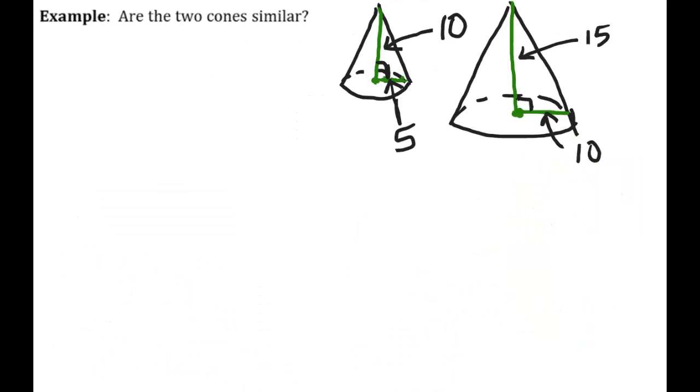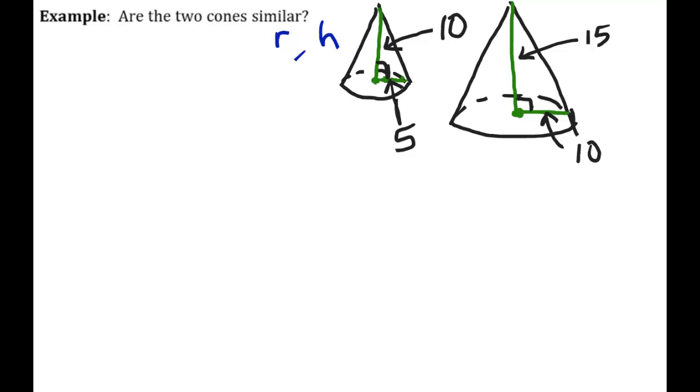Okay, let's look at the next example. Sorry about the drawing. I couldn't figure out how to make cones in the program I'm using. So are the two cones similar to each other? We look at the linear units of corresponding parts on a cone, and that would be the radius for each and the heights. Those are the two measures we're going to compare to see if these two are similar.